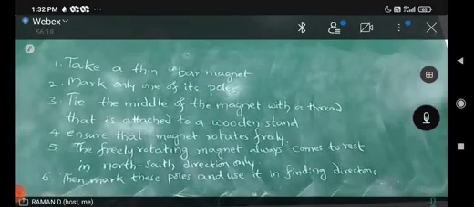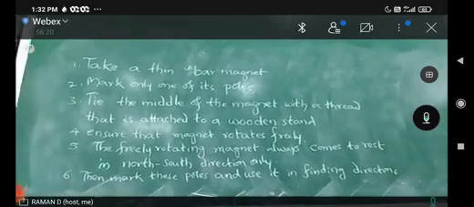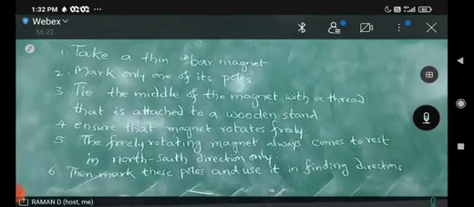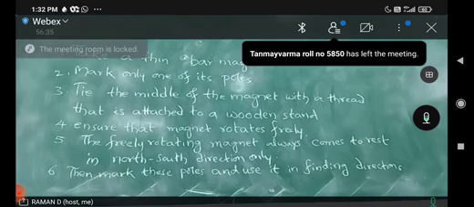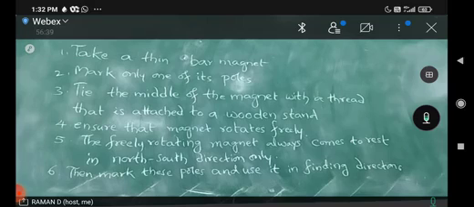So what you are doing? Take a thin bar magnet, mark only one of its poles, tie the middle of the magnet with a thread that is attached to a wooden stand. Ensure that the magnet rotates freely. The freely rotating magnet always comes to rest in north-south direction only. Then mark these poles and use it in finding directions.